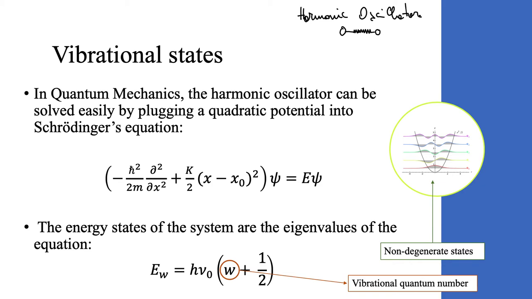If you remember, in Planck's results, we saw that the energy of the photons was discrete.